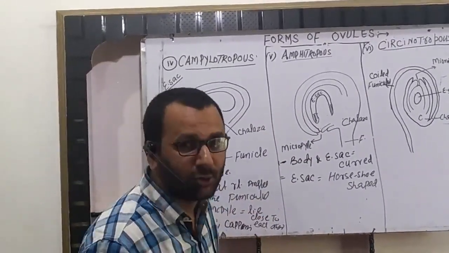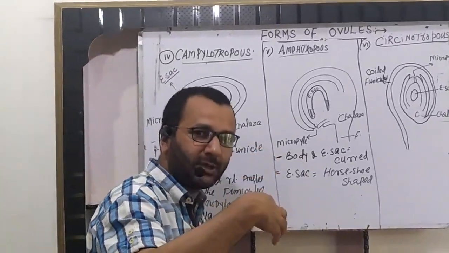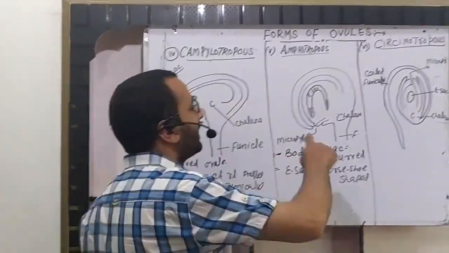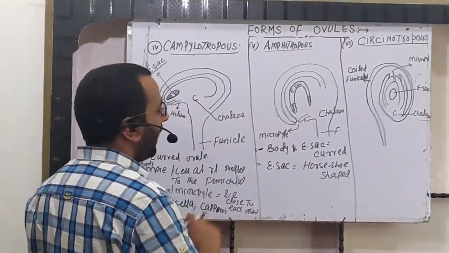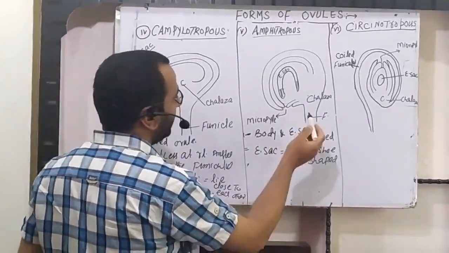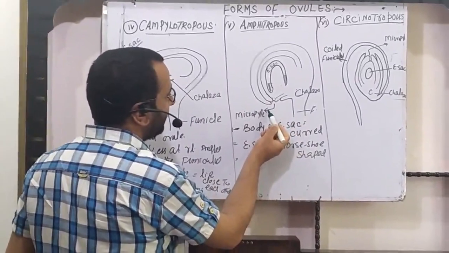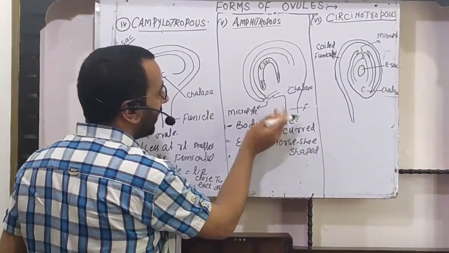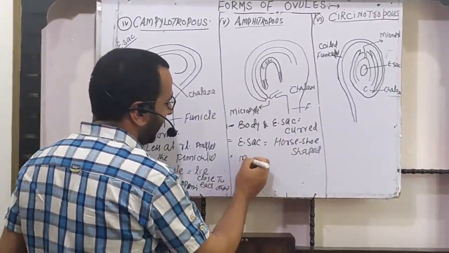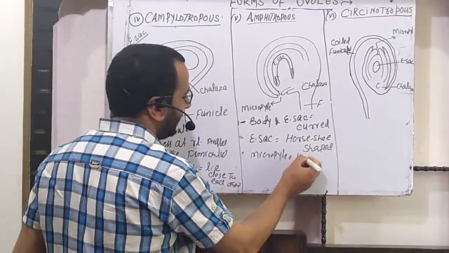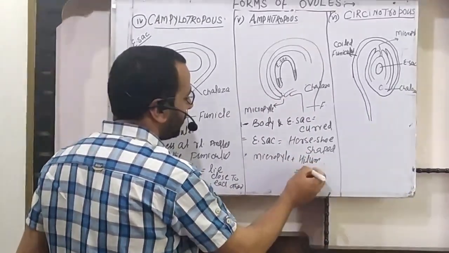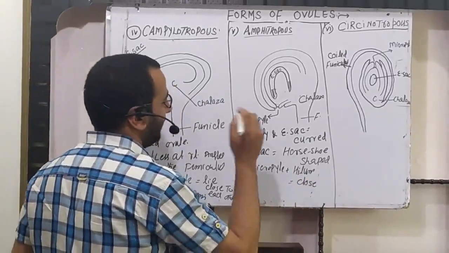Why is it horseshoe shaped? It is curved because of the curvature of an ovule. Okay, and you will see over here the micropyle and the hilum are close to each other. In this type of ovule, micropyle and hilum are also close to each other.